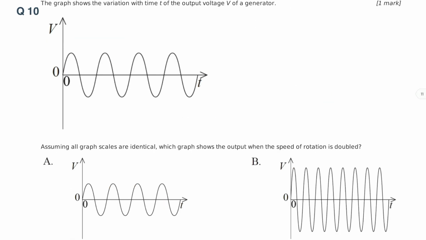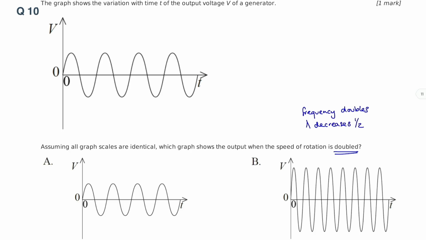The graph shows the variation with time of the voltage output of a generator. Assuming the scales are identical, which graph shows the output when the speed of rotation is doubled? When we have a doubled speed, that means that the frequency doubles, which means the wavelength decreases by a half.